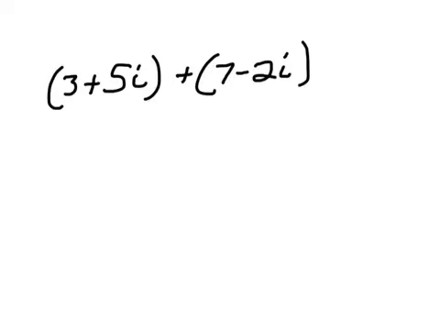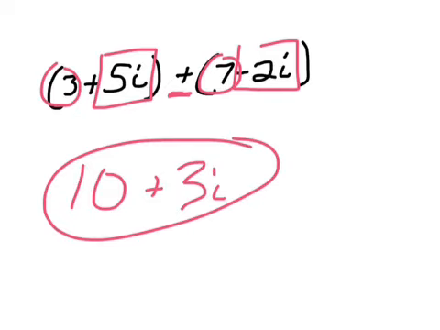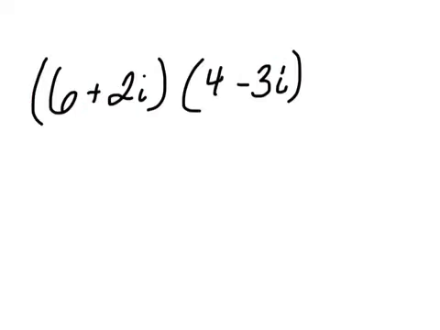Those are like terms, so I'm going to do 3 plus 7, which is 10, and then we've got the 5i plus negative 2i, which is a positive 3i. So that's simplified, and that's all there is to that. So that's how we combine like terms within the complex number system. This is a pretty basic example of what we can do.